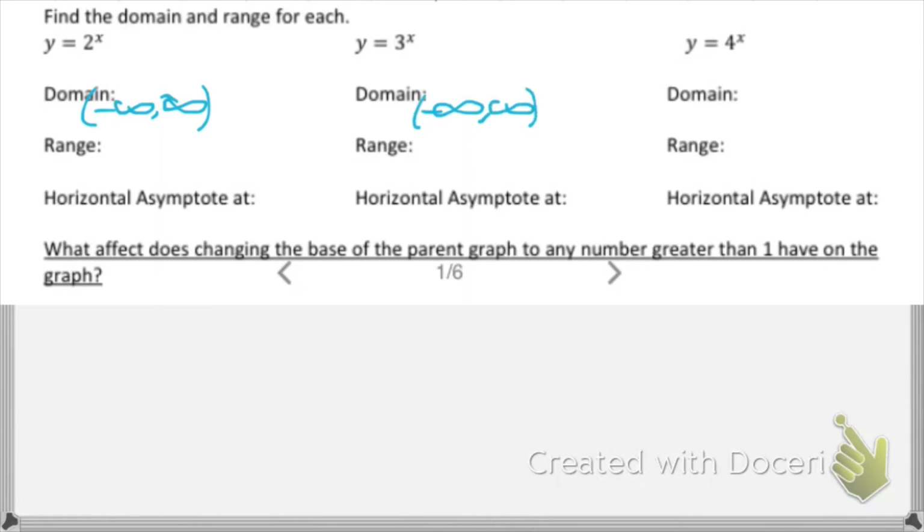Negative infinity, comma, infinity. The range for y equals 2 to the power of x is a soft bracket at 0, comma, infinity.